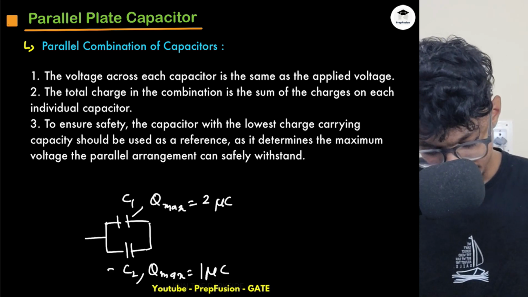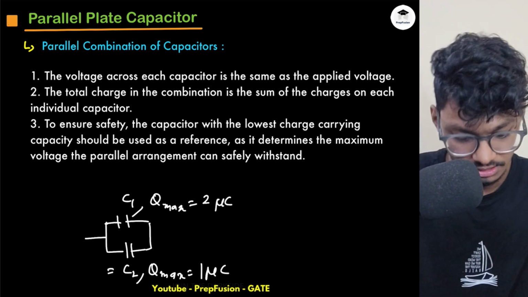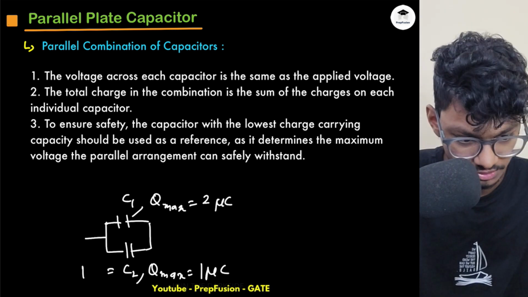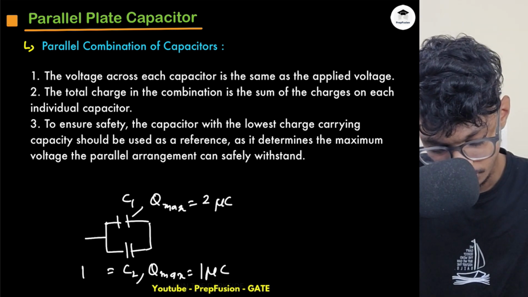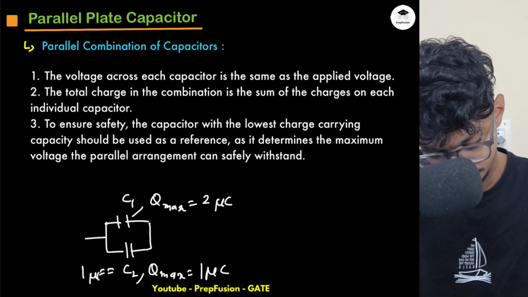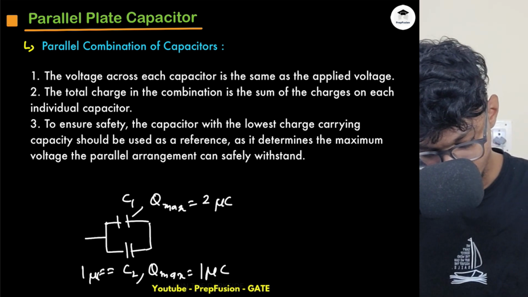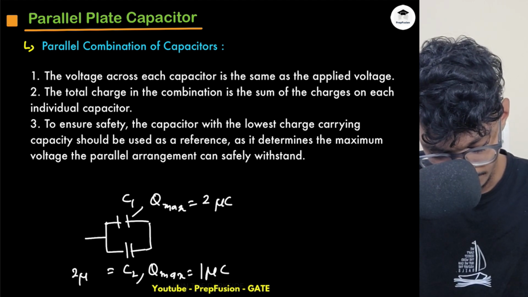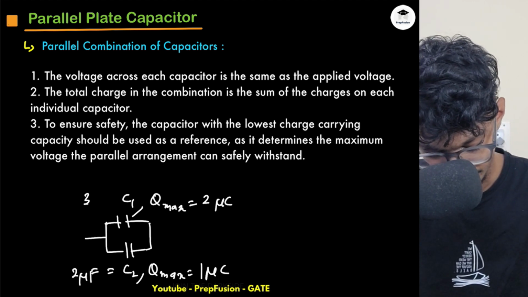Q will be proportional to CV. So let's say it is 1 microfarad and this is 2 microfarad. Or let's not make it directly proportional, let's make it different. Let's make it 2 microfarad. Let's make it 3 microfarad.